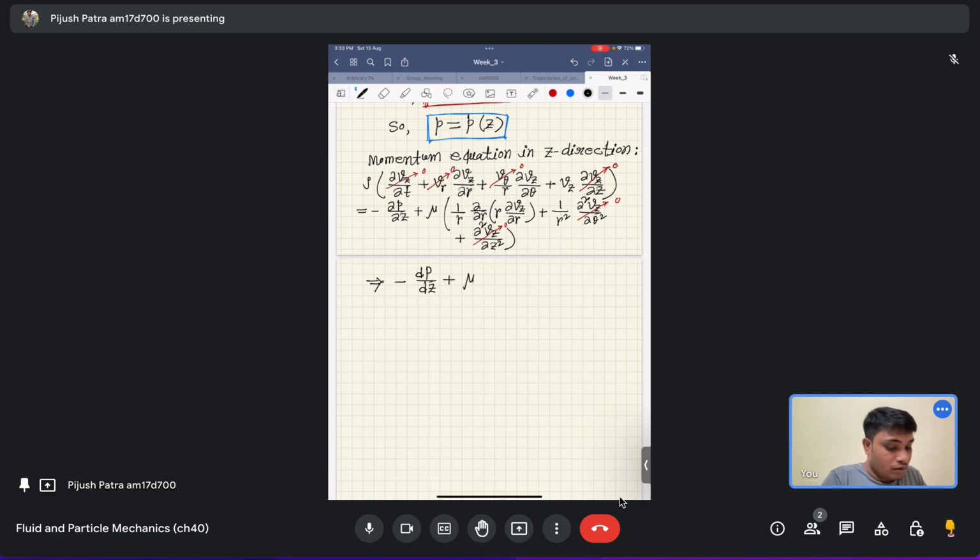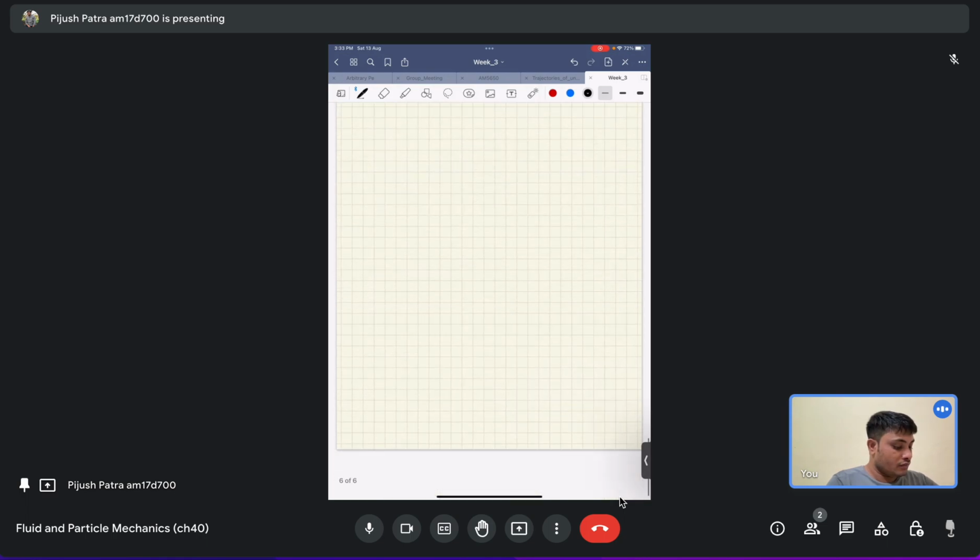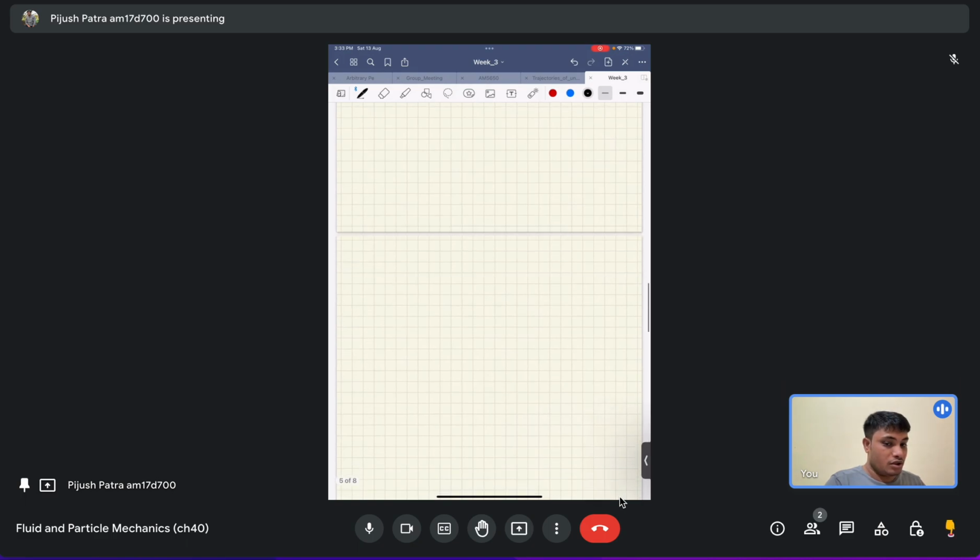plus mu into 1/r d/dr of r dVz/dr is equal to 0. Okay, so this is the condition.